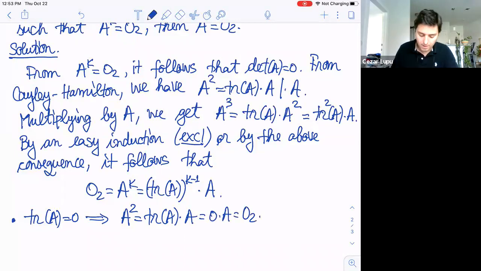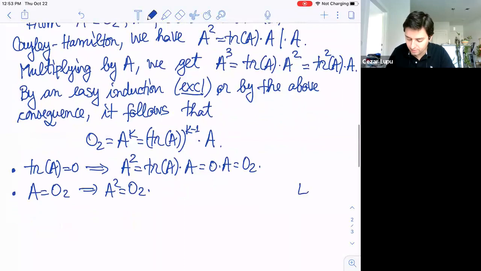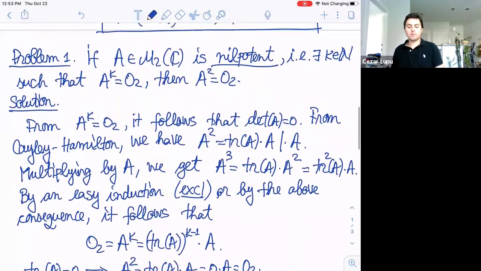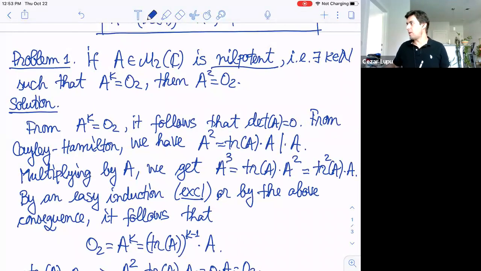And we're done. And the second case, if A is the null matrix, then it's obvious that A squared is 0, 2. And that's it. That's the solution. Keep this in mind. So that's problem 1 that I have in mind.